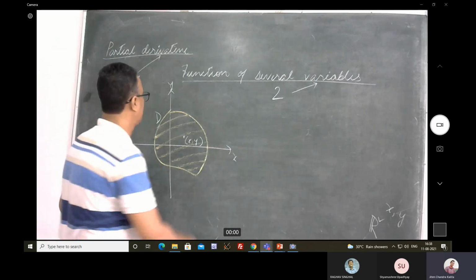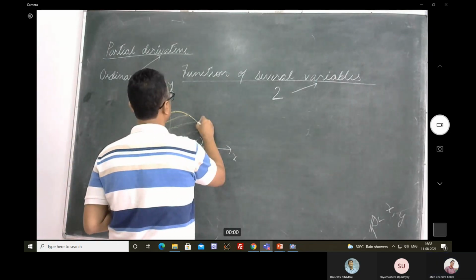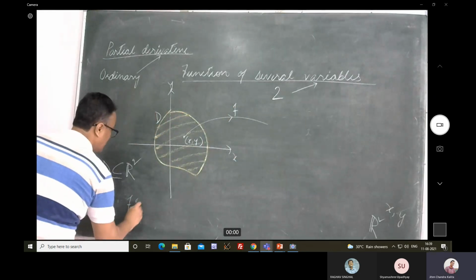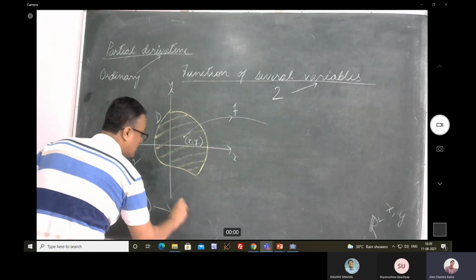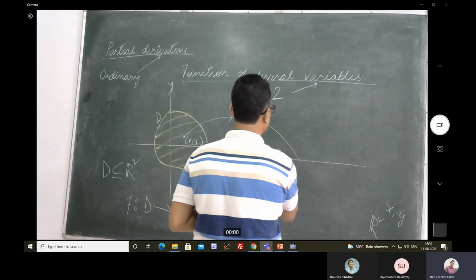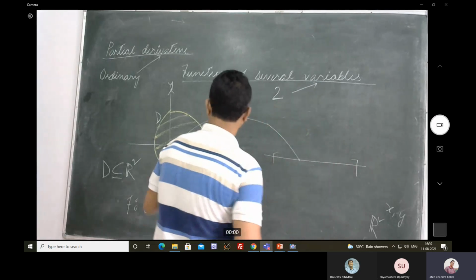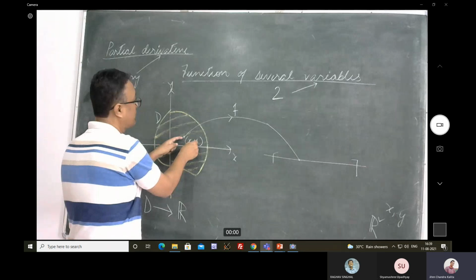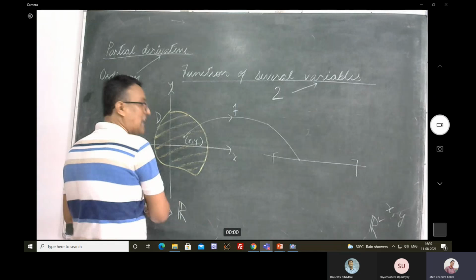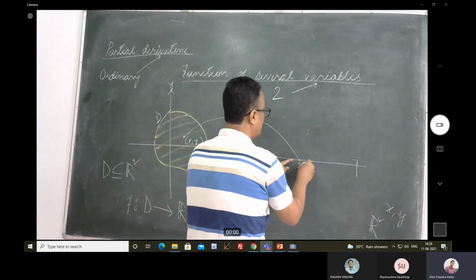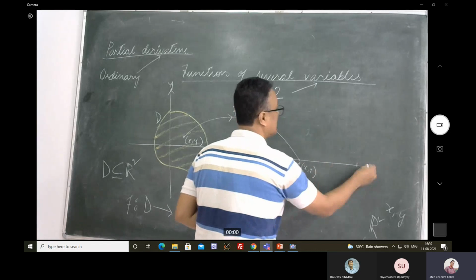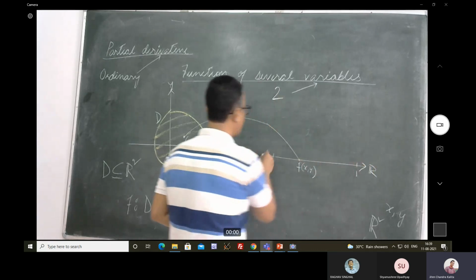Then a function f from D to R is going to be a rule in such a way that to each point (x, y) belonging to D, I am going to have a unique point lying in R.